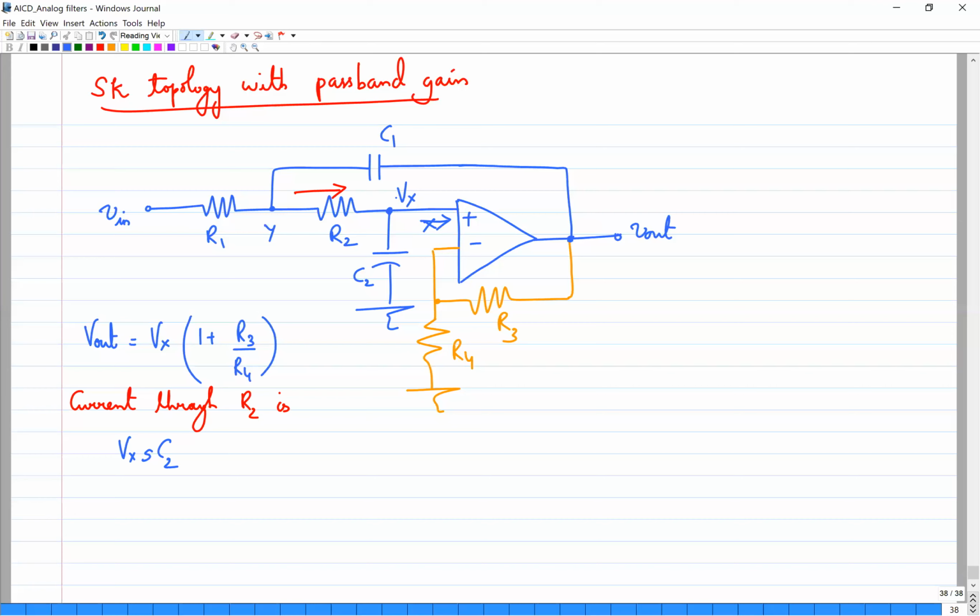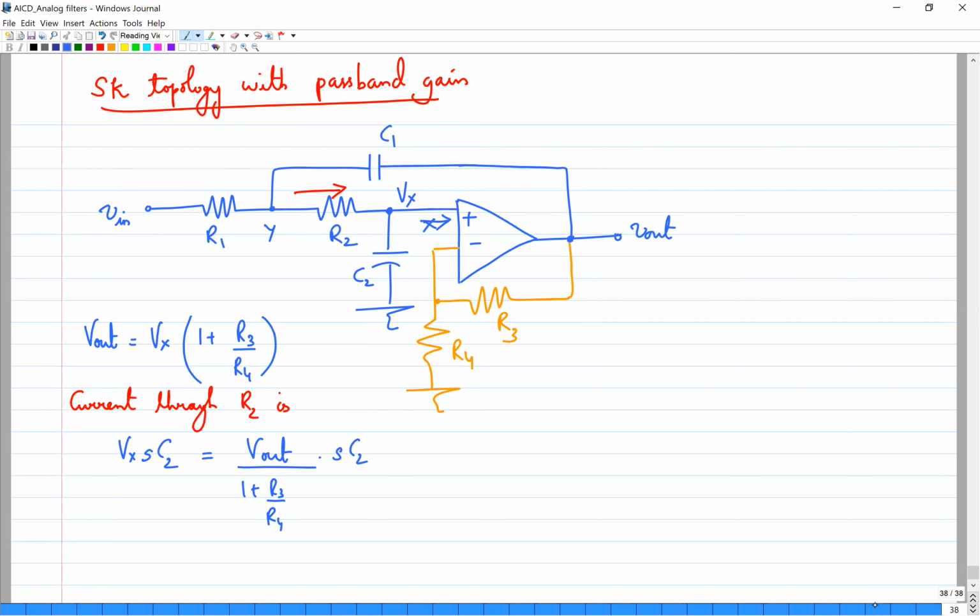So that is Vx divided by 1 by SC2, or Vx into SC2. But if I write this in terms of Vout, Vx can be written as Vout divided by 1 plus R3 by R4, into SC2. So a small difference will come in the analysis depending on the relation between Vout and Vx. So this is the second difference.